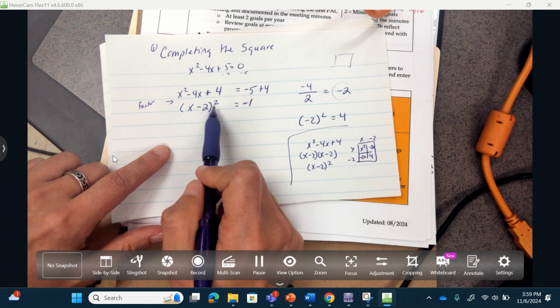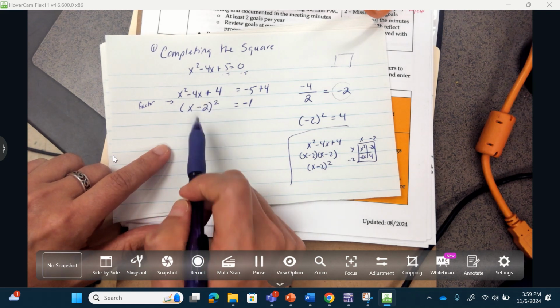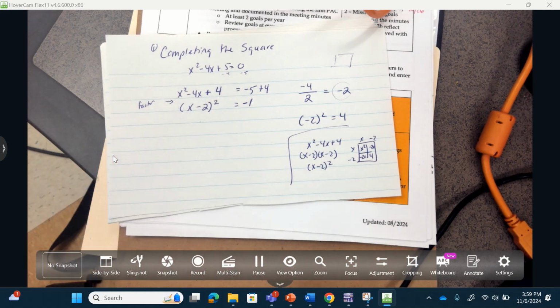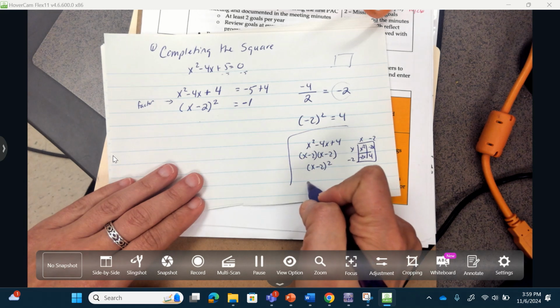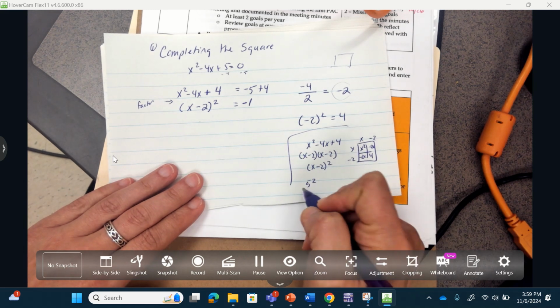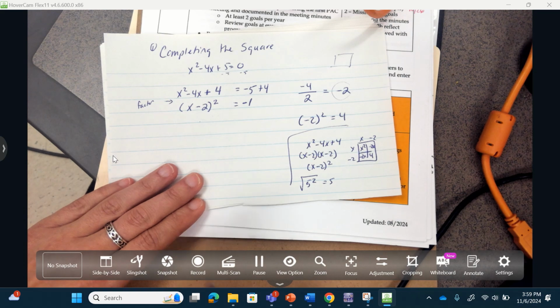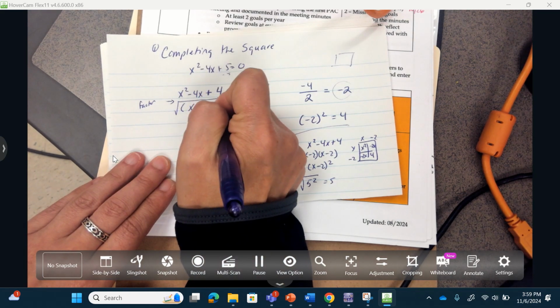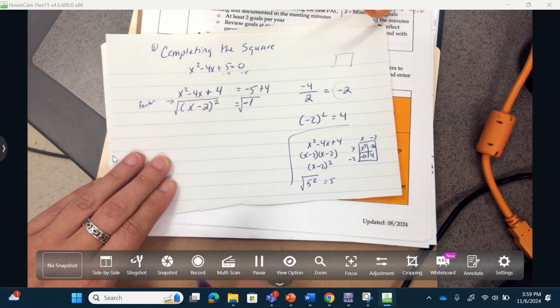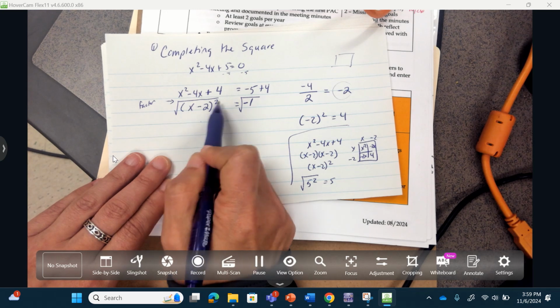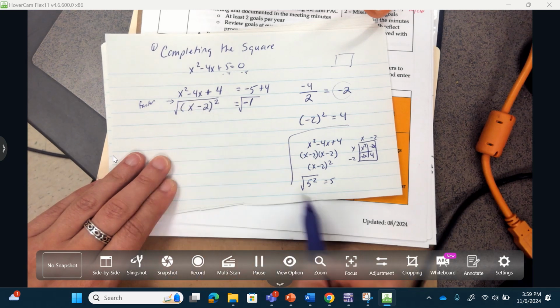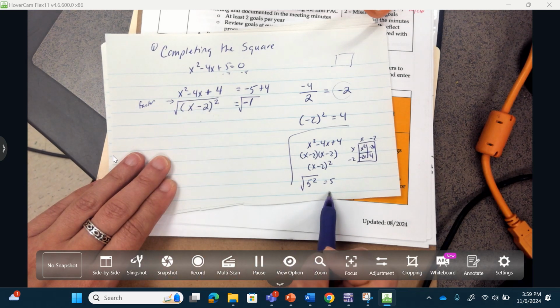Now, to undo squaring, we could take a square root. That goes back to what squaring is. So if I have 5 squared and I square root it, I would be left with a 5. So what I'm going to do over here is square root this and square root this. If you square something and then square root it, squaring and square rooting undo each other, leaving me with whatever's inside.